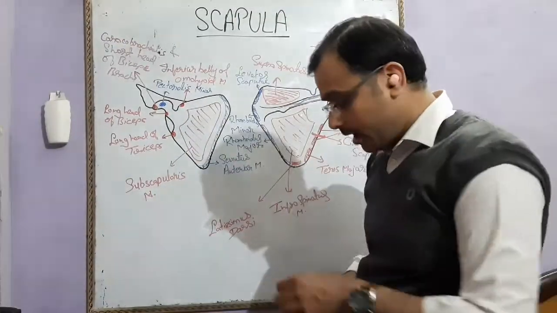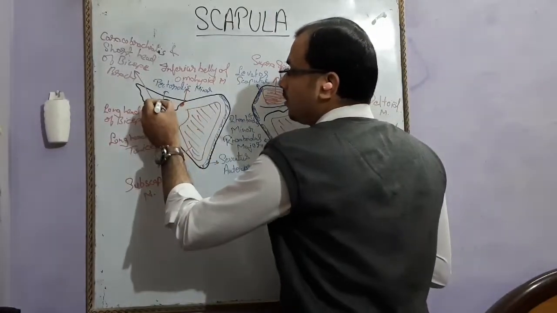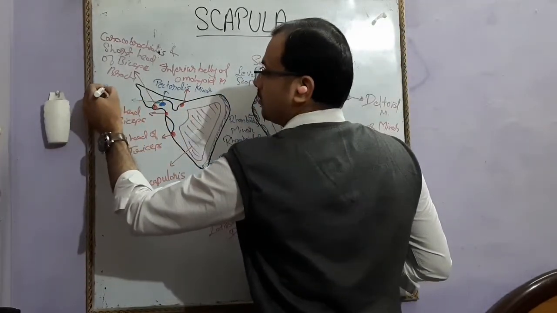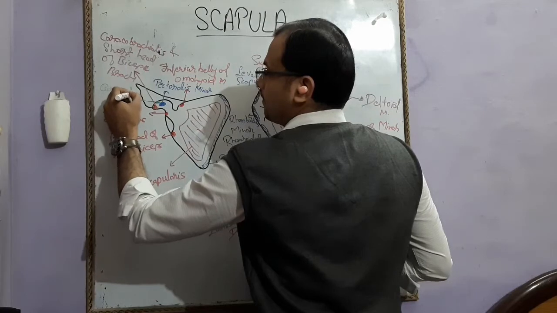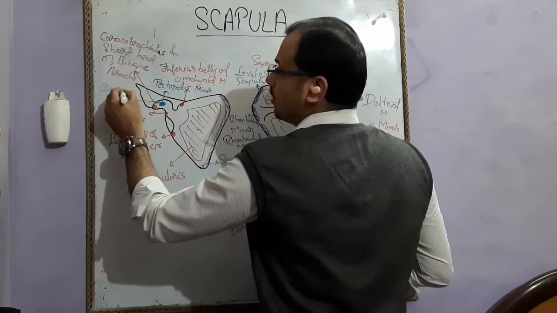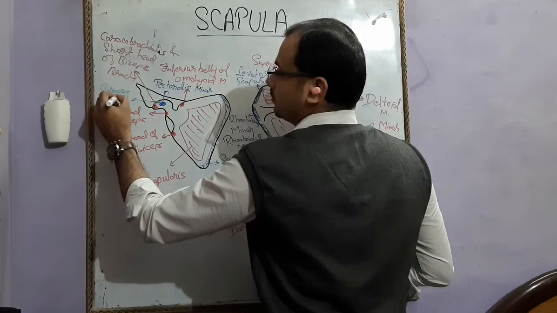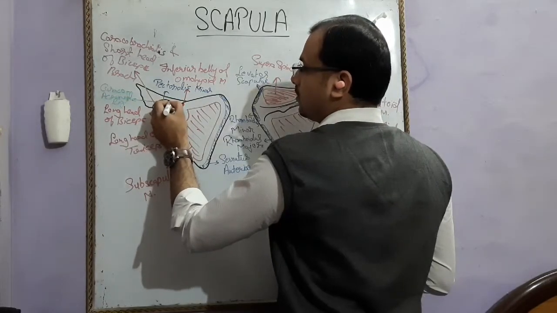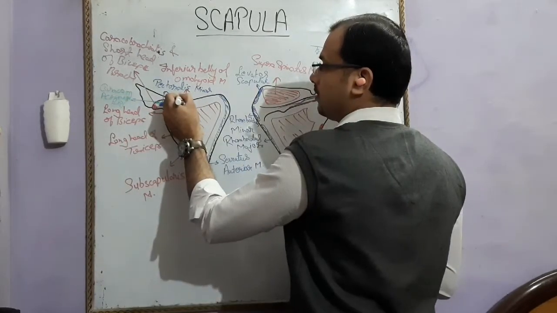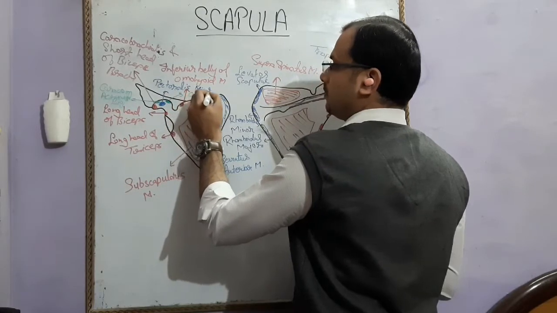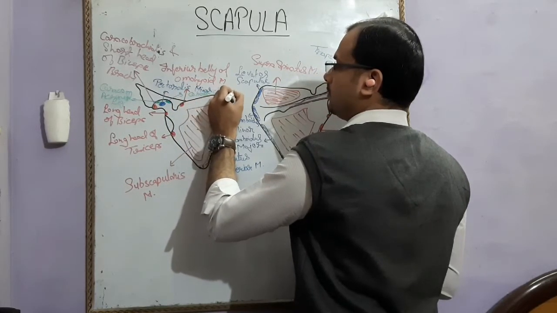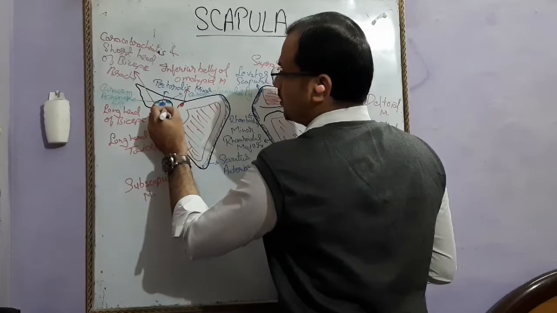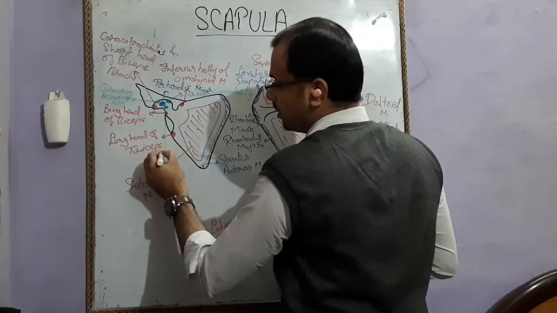Now the three ligaments are coracoclavicular ligament, coracoacromial ligament, and coracohumeral ligament.